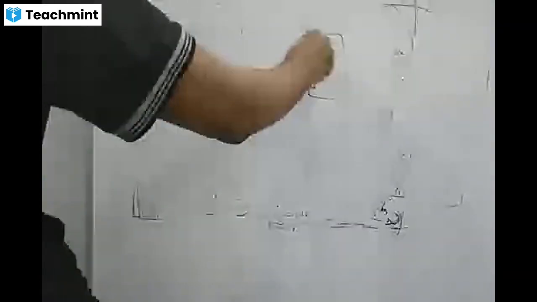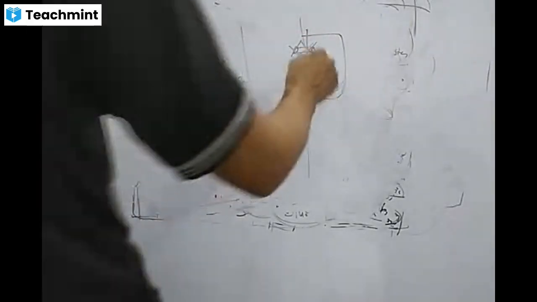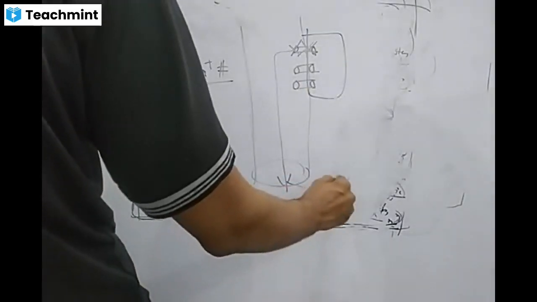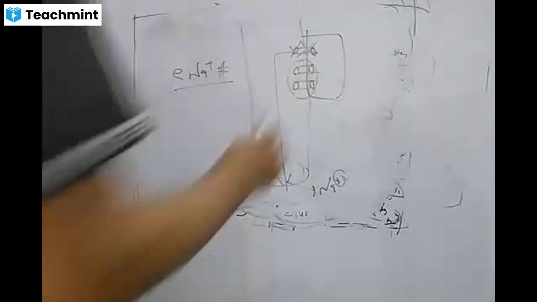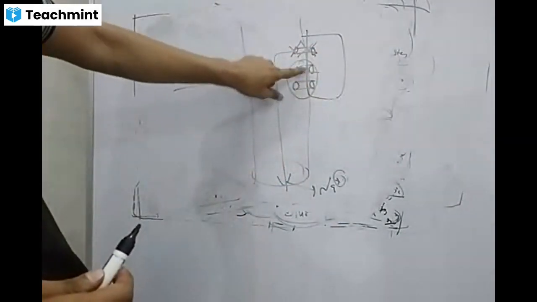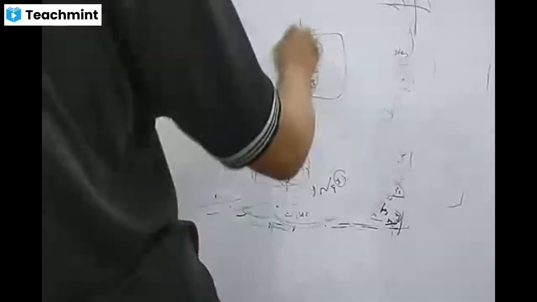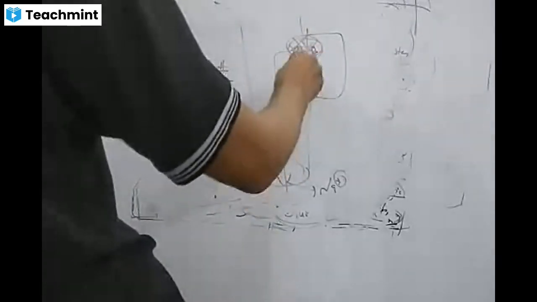If you block the sodium channel, then sodium will come into the urine. But these two channels act under the influence of the sodium channel. If you block this, they will also not work.